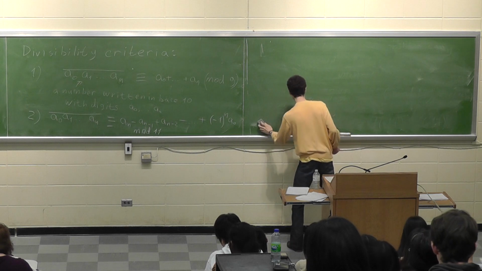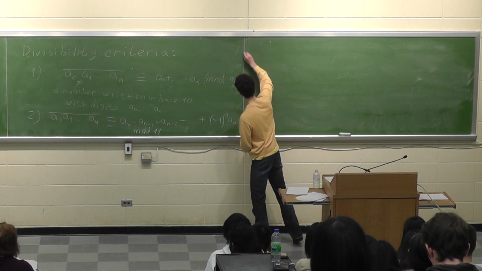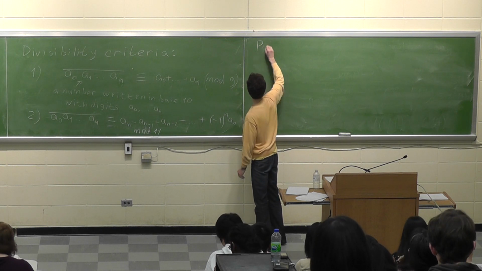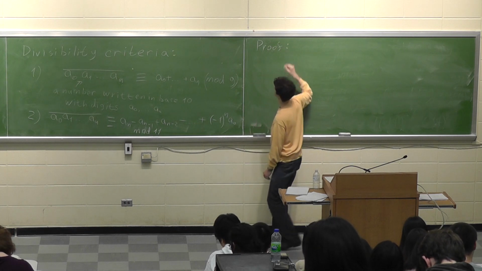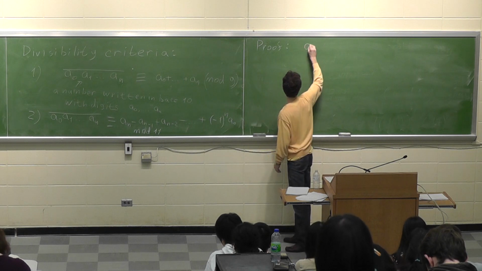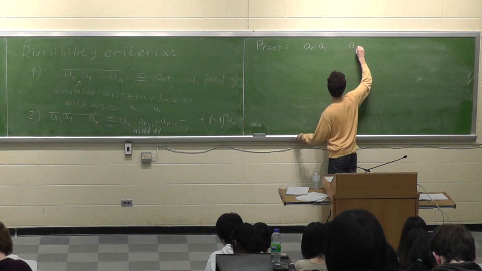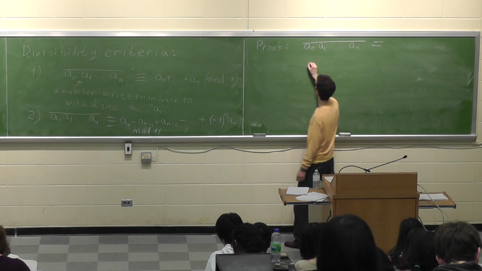Let me not explain what the test is. You'll just invent it. It's really simple. So let me prove it, for both parts, basically. What happens here, this number a_n ... a_1 a_0, I can write it in the following way.